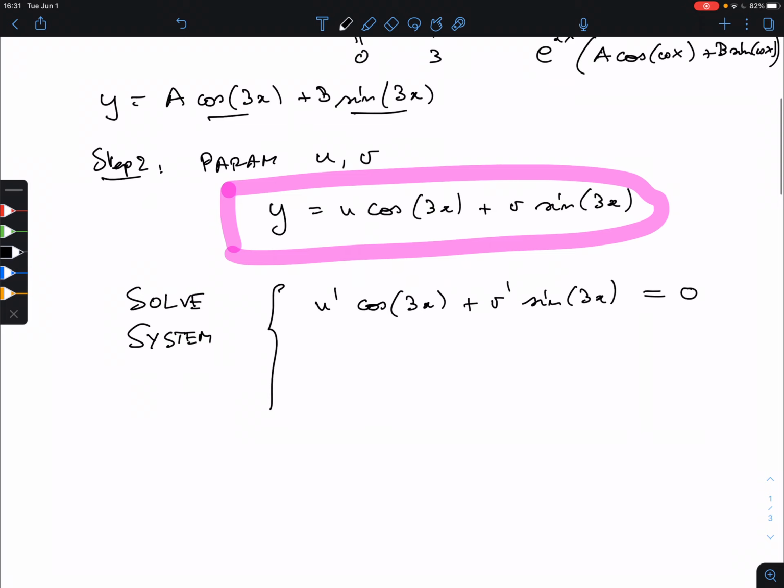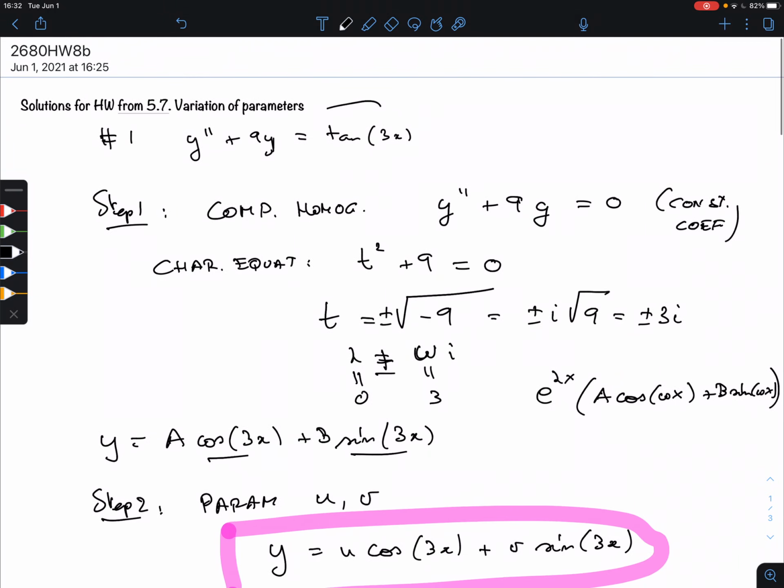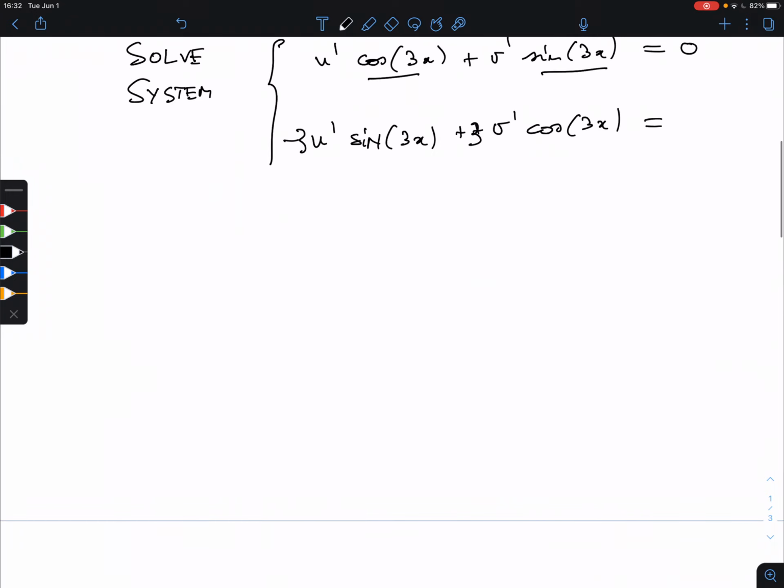Then you keep the u prime and v prime, but you take the derivative of the cosine and sine. The derivative of cosine is minus sine, so that's minus 3 sine 3x. The 3 comes from the inside function. And this would be plus 3v prime cosine 3x. And that you put equal to the forcing function, tangent 3x. So this is equal to tangent 3x.